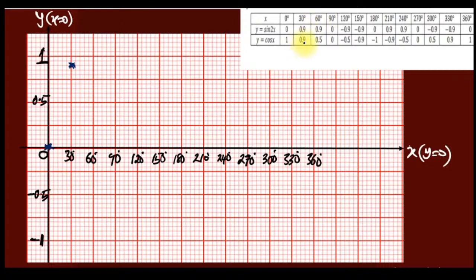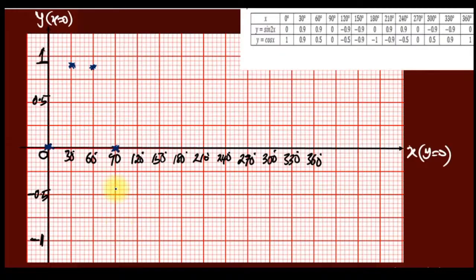And this 60 is also 0.9, so it is here. For 90, it is 0. For 120, minus 0.9. Since 18 up is positive, 18 down will be negative.